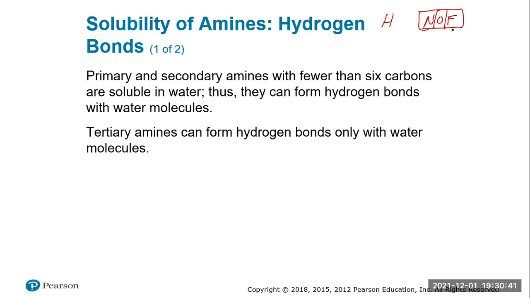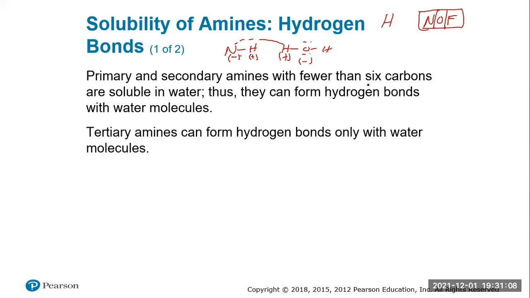In this particular case, an amine has a nitrogen that is more negative and a hydrogen that is more positive, so it is able to bond with something like water and do a little hydrogen bonding. Because of that, it can be very soluble in water.